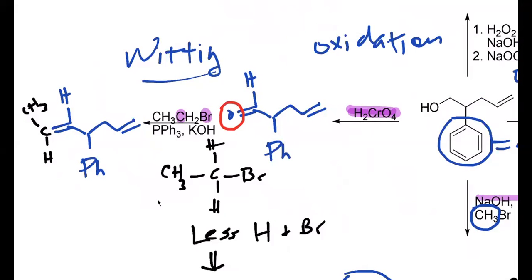So you're going to take off H and Br now from the same atom. You can't take the H from one place and the Br from another place. You take them both off the same atom, and that carbon that's left is what replaces your carbonyl. All right. Any questions about that?